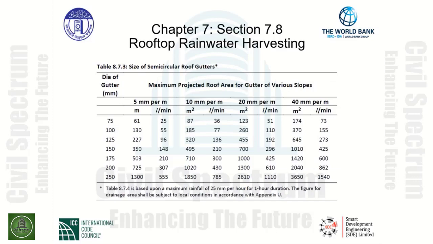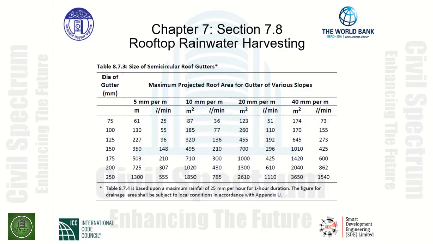Table 8.7.3, size of semicircular roof gutters. The first column gives us the diameter of gutter in millimeters. The range is from 75 millimeters all the way up to 250 millimeter gutter size. The maximum projected roof area for gutters of various slopes are indicated next.